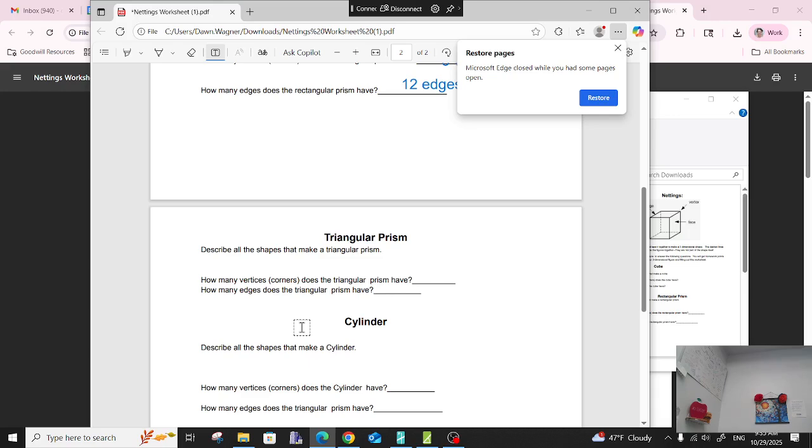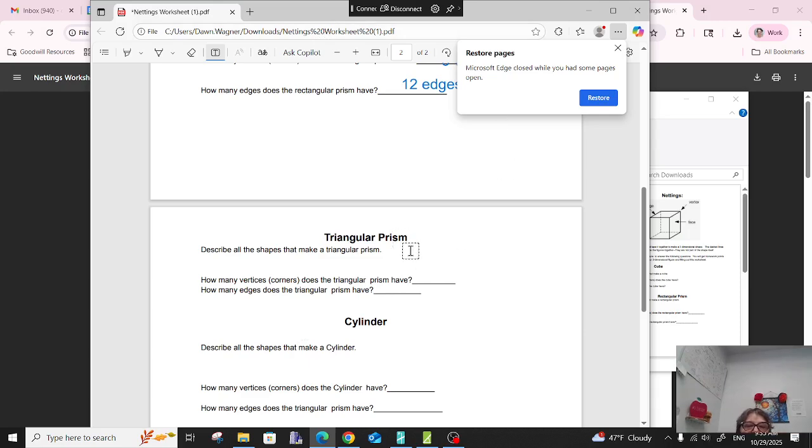Now, what made this shape here were two triangles and three rectangles. And not all three rectangles are equal, correct? Correct. Okay, because you're going to have to realize whose lesson is this? Thank you, Grace. Okay.